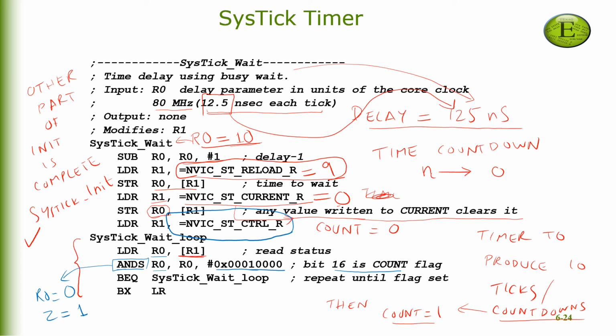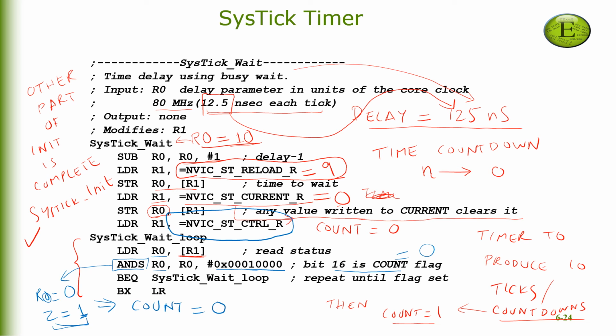And if the 0 flag is set equal to 1, that essentially means that the count flag is 0. As long as it is 0, R0 contains 0 and the 0 flag is equal to 1.